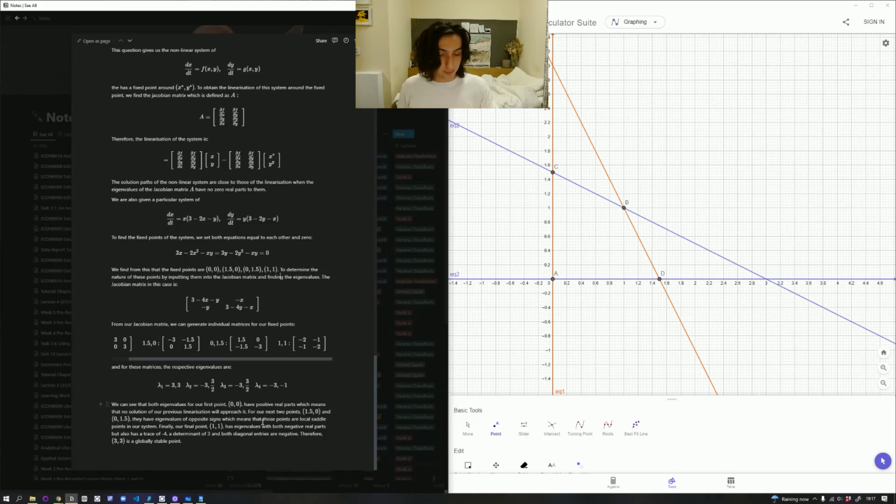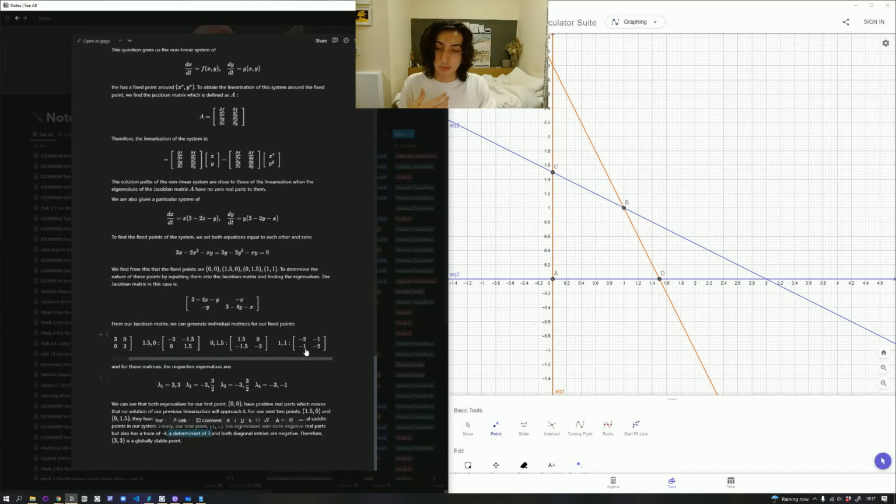Okay, so we can see that not only are our eigenvalues both negative, but we have a trace of -4. Just for context here, a trace is just the sum of the diagonal values in the matrix. So we have -2 and -2, so the trace is -4, and our determinant is 3.